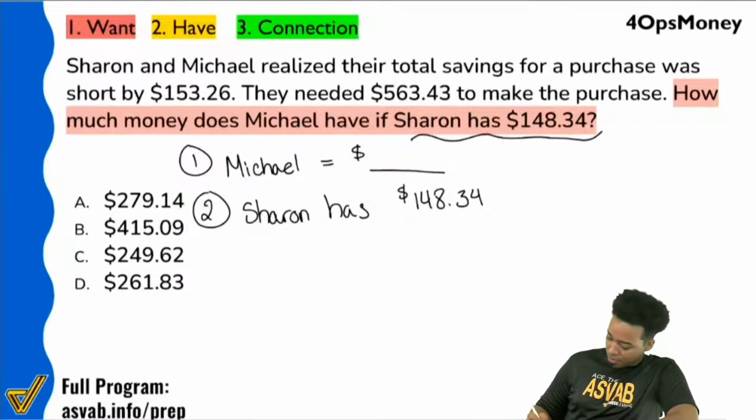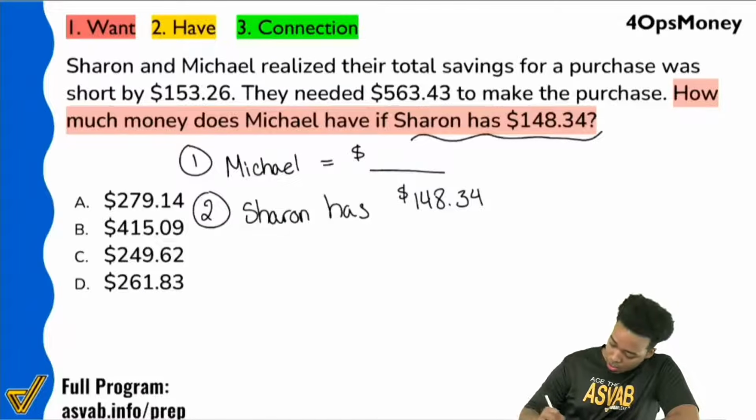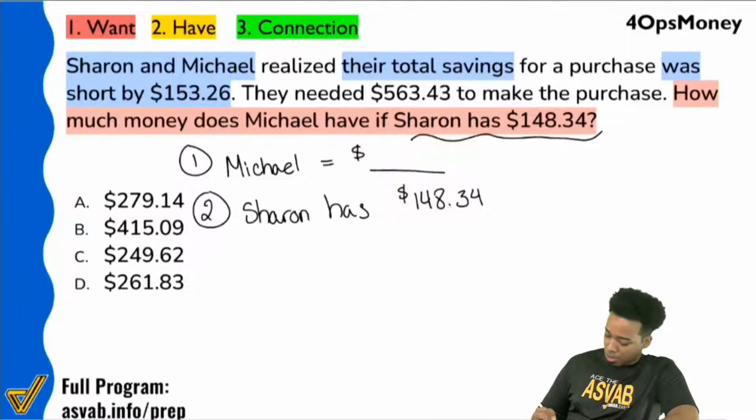Next up, what else do we have here? I see that it says Sharon and Michael realized their total savings for a purchase was short by $153.26. Okay. So their total savings, so Sharon and Michael, their total was short by $153.26.